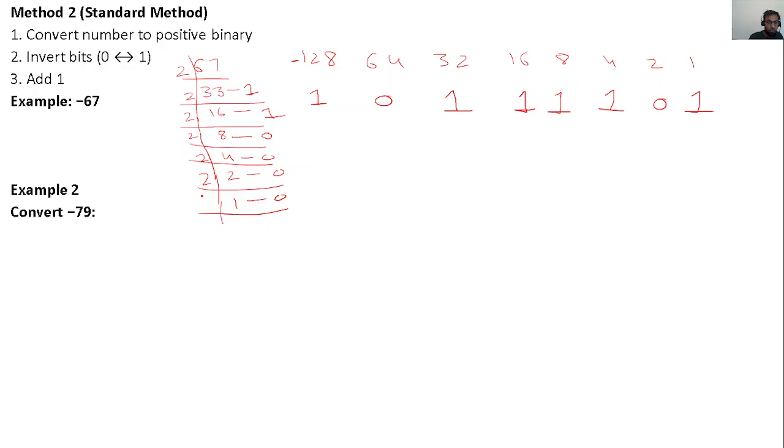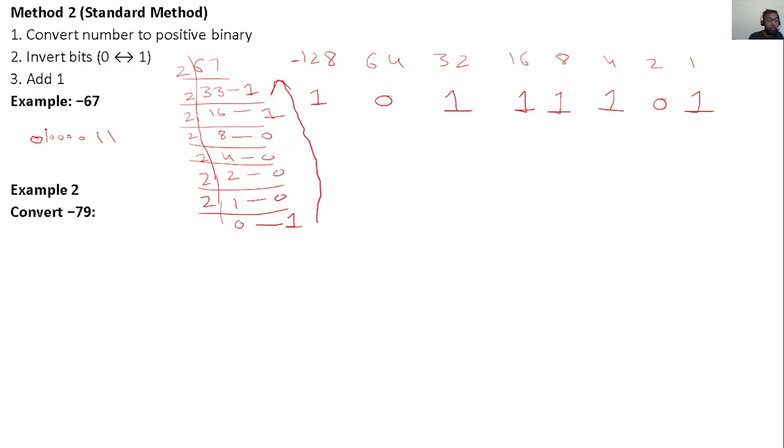And 2 multiplied by 0, and remainder is 1. So this is how we will write it: 1, 4 zeros, then double 1. How many digits are these? 7. So the leftmost digit will be 0.